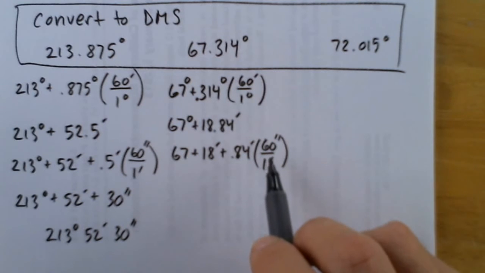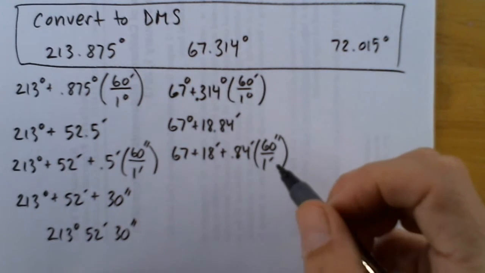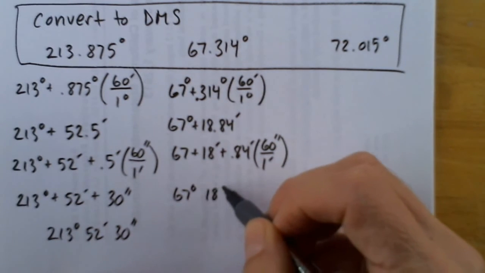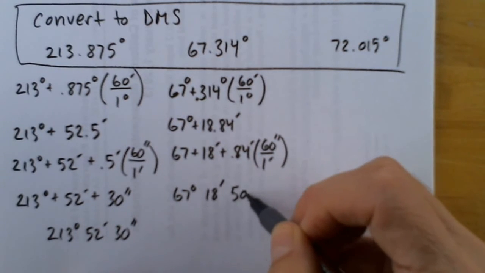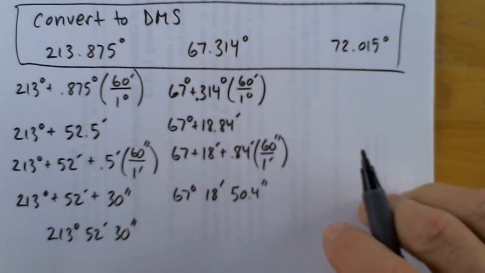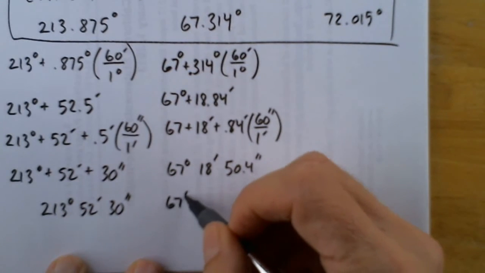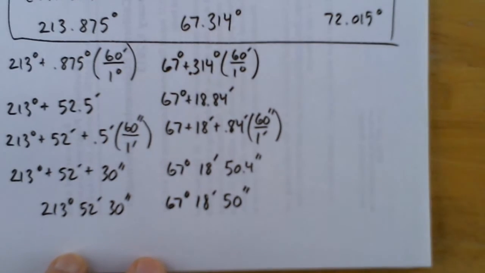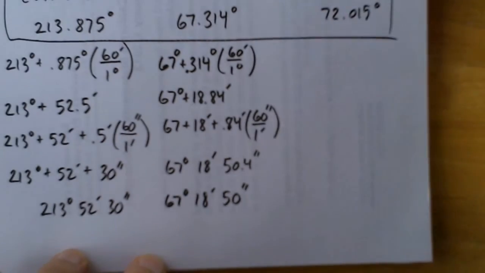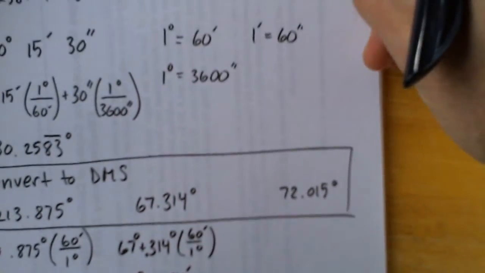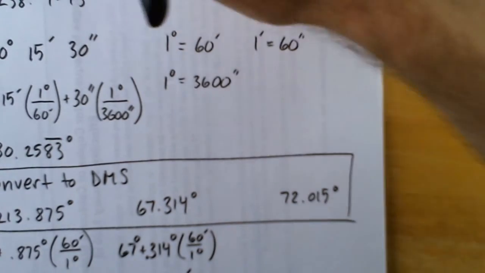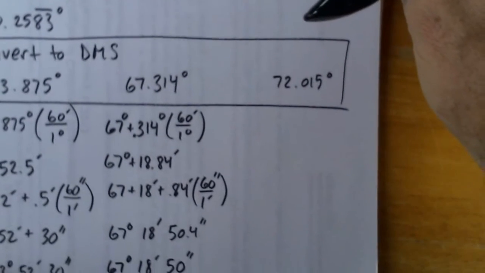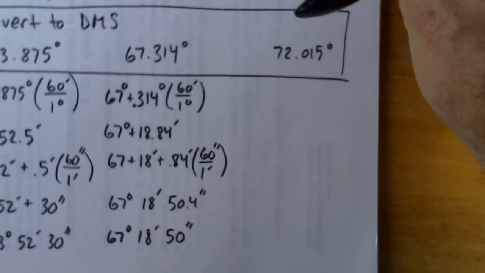When we multiply 0.84 times 60, we get 50.4, and we're going to write 67 degrees, 18 minutes, 50.4 seconds, and we'll just round the 50.4 to 50. All right, and pause, try the next one.